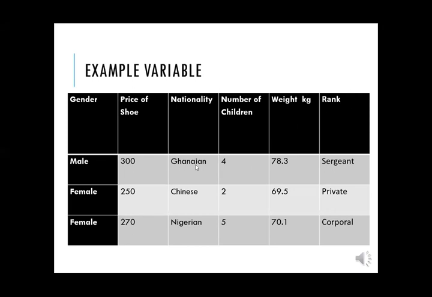So this is numeric. We can see that price of shoe is a numeric variable, which means that we are going to get numeric or quantitative data. Then number of children is also quantitative, so we get quantitative data.